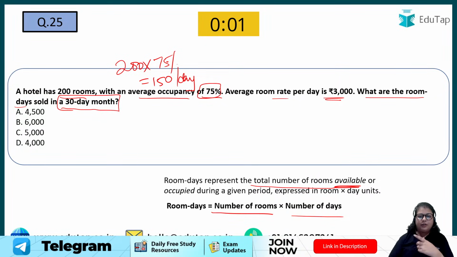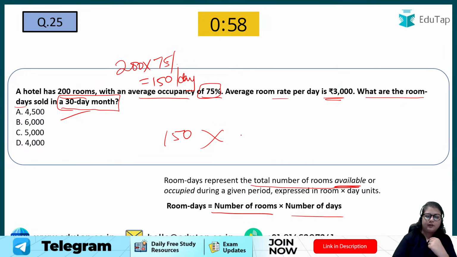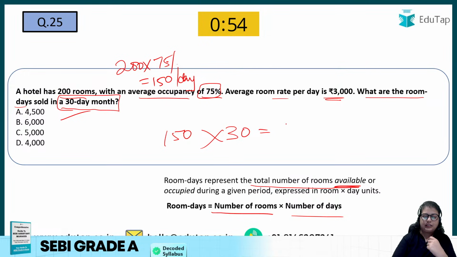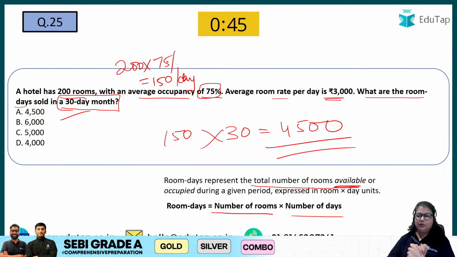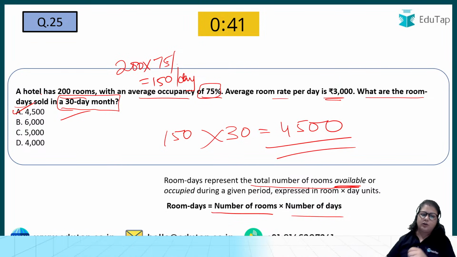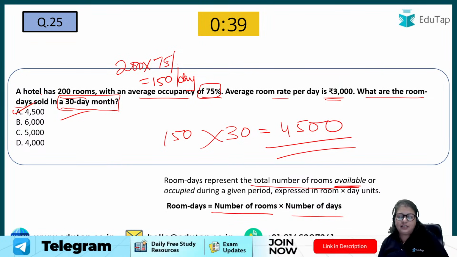So how do we calculate? 150 is the occupancy into how many days? 30. So in a month, 150 into 30 is 4500. Am I right? Don't go by my maths, but I think I am right. So the option is option A, 4500 is the correct answer.